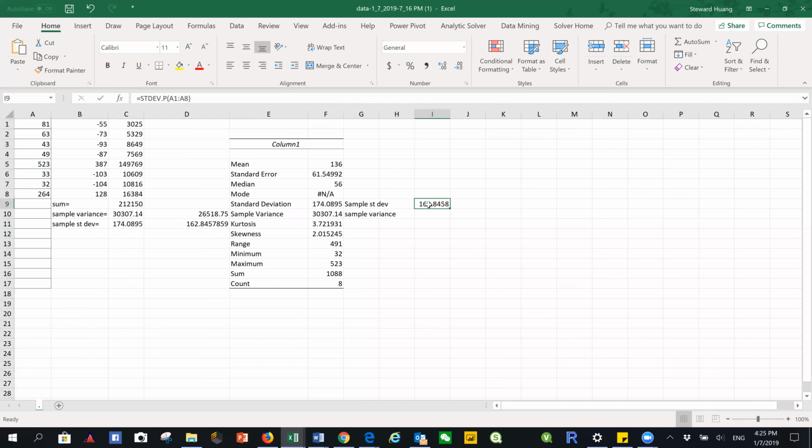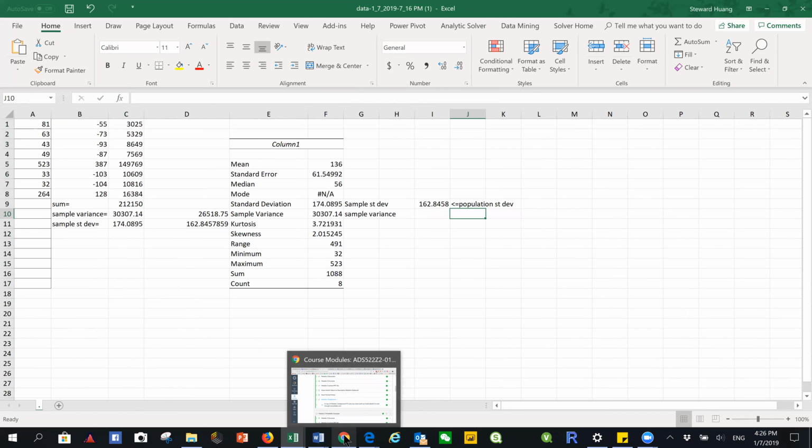You see, this is population standard deviation. Okay, so now you see how these things come about, and not just know the formula. So this is how you calculate them.